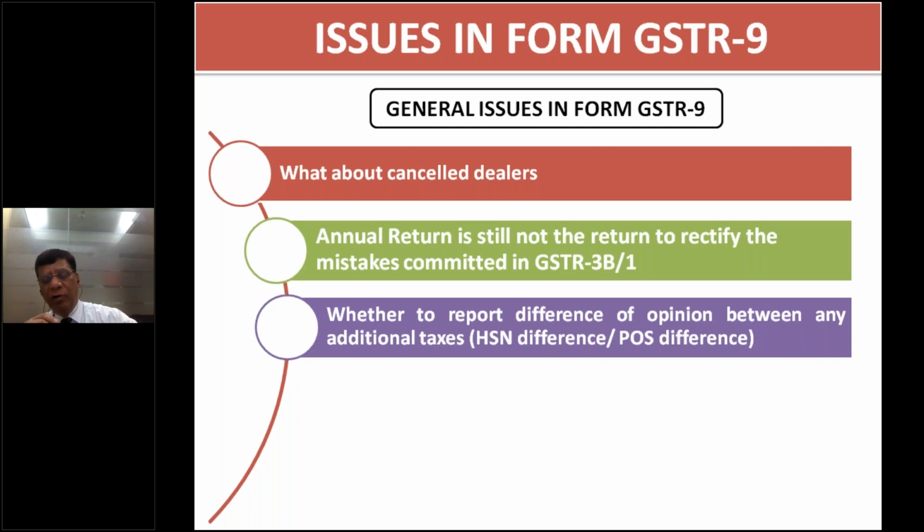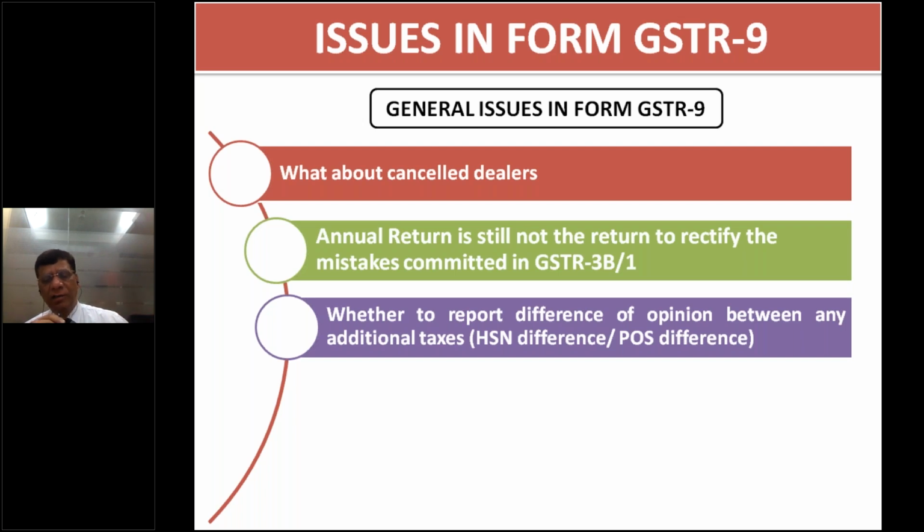Ready-to-eat food is taxable at the rate of 18%, whereas semi-finished food is taxable at the rate of 12%. So a taxpayer may claim that he is selling semi-finished food, whereas it may be ready-to-eat food.